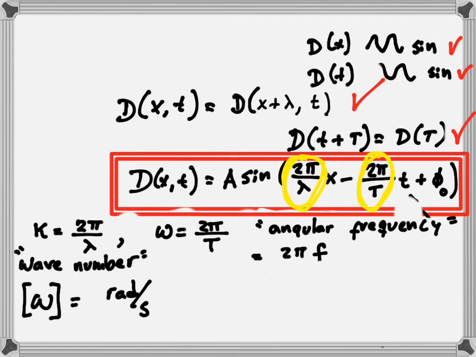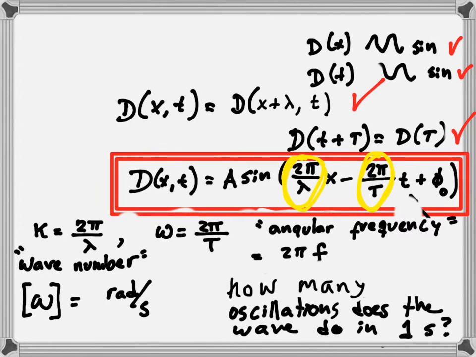Now the units of the angular frequency are radians per second, and the interpretation of this is that the angular frequency is telling us how many oscillations the wave does in 1 second. Since the angular frequency and the frequency are proportional to each other, they're giving us basically the same kind of information.